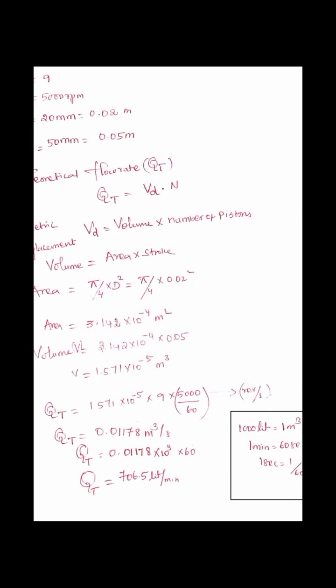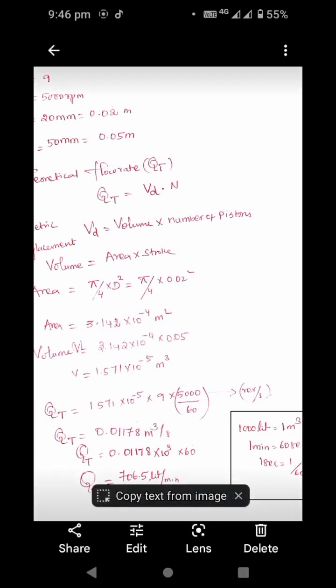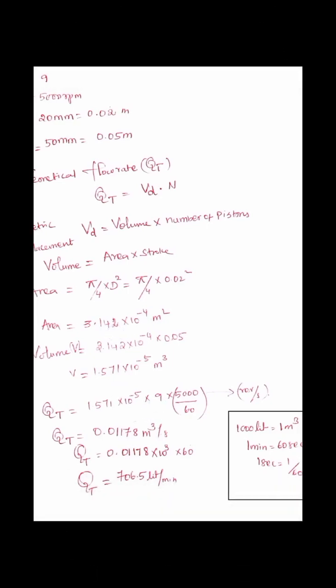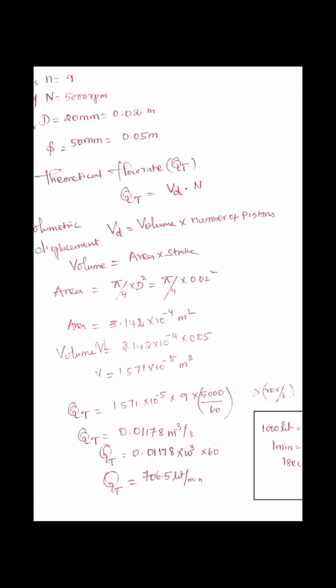For the Vd volume value we apply 1.571 into 10 power minus 5, and number of pistons 9, and then convert the speed value, 5000 by 60 revolutions per second. So we got the answer 0.01178 meter cube per second.